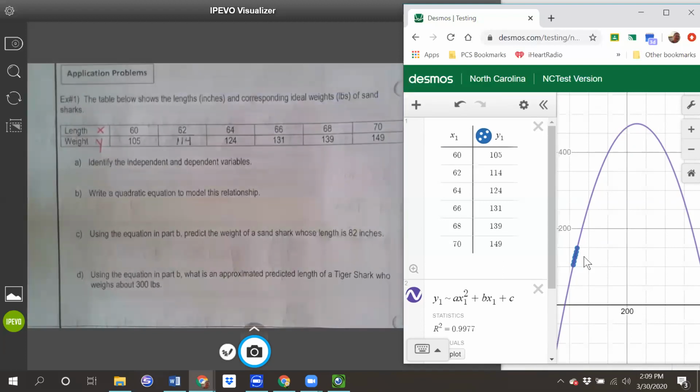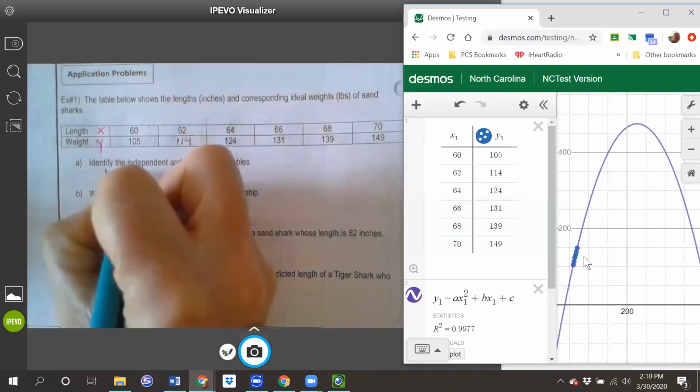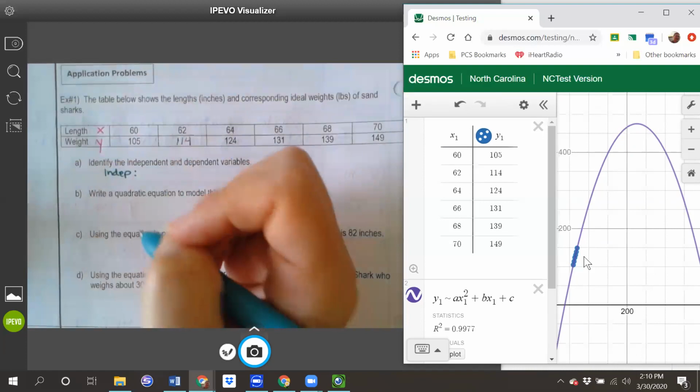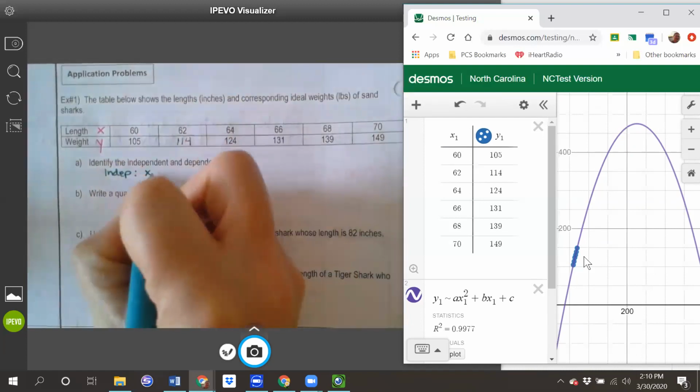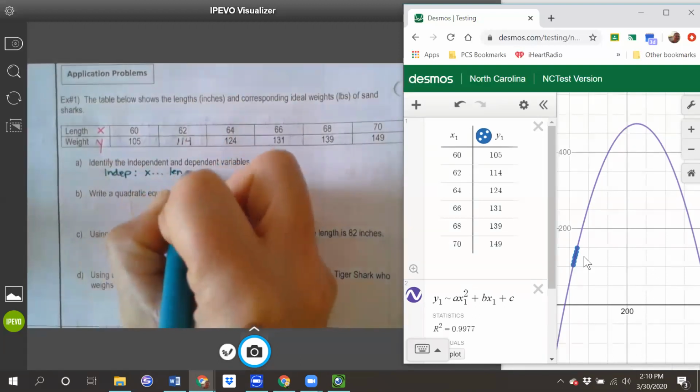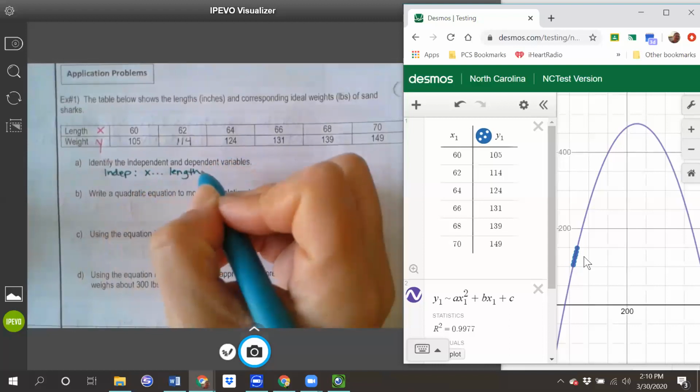All right, so first question says, identify the independent and the dependent variables. So remember that independent, those are always the x values. So our x values represent the length.